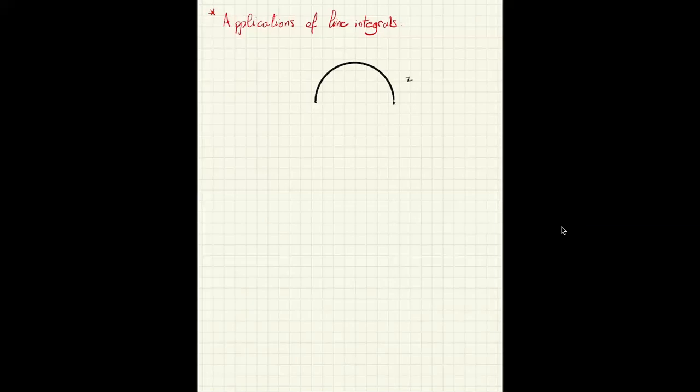Let's say that this is a circle, just to fix the ideas, x squared plus y squared equals a squared. The material is not uniformly distributed on this wire, because the density of mass will depend on x and y, it will be some function of x and y, in grams per unit length.